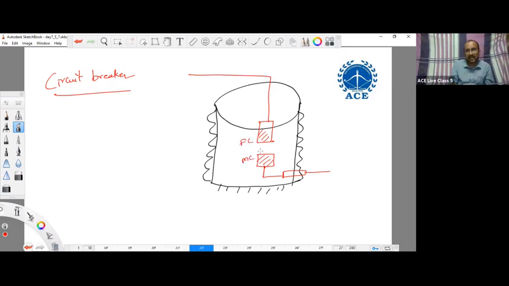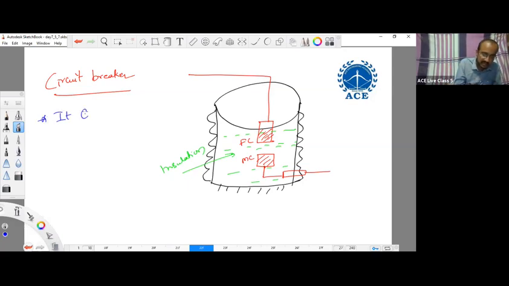This green one is insulation. So how can you define circuit breaker? It is nothing but an electrical device which consists of two contacts which can be either kept closed or separated in the medium of insulation.